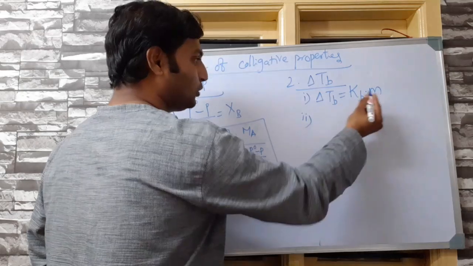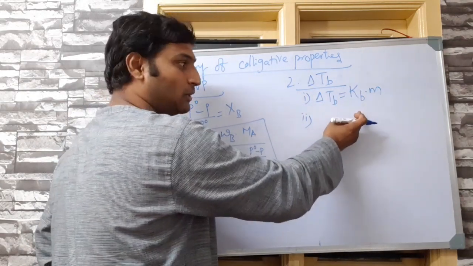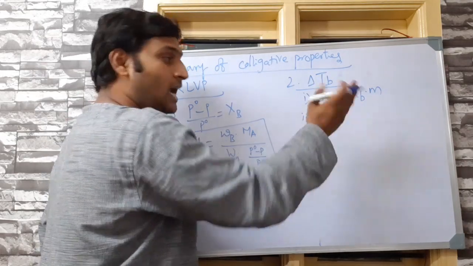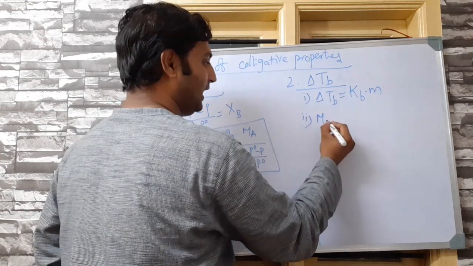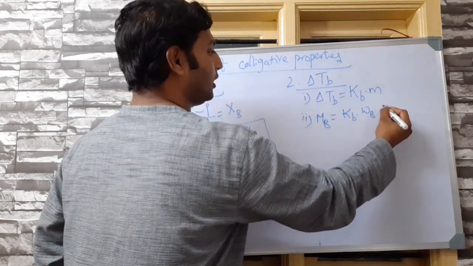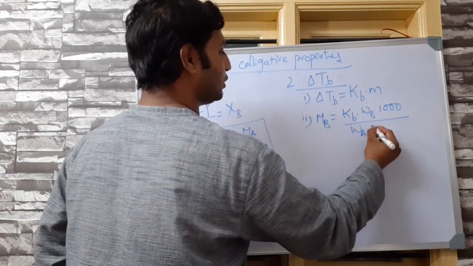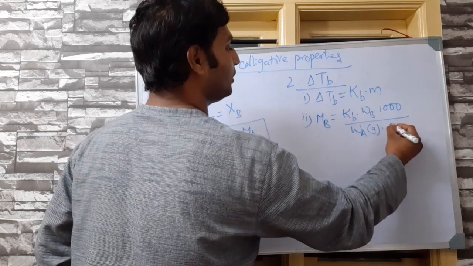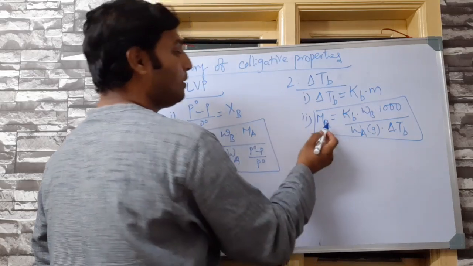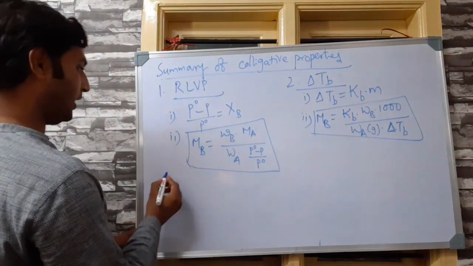Now, by substituting the expression for molality, that is weight of solute divided by molar mass of solute into 1000 by weight of solvent in grams, and bringing molar mass of solute onto the LHS, you got Kb into weight of solute into 1000 divided by weight of solvent in grams into delta TB. This was the expression for determining molar mass of solute using delta TB, that is elevation in boiling point.